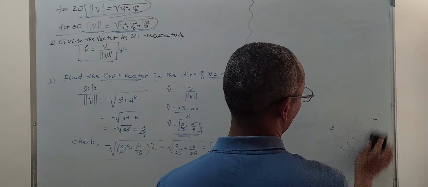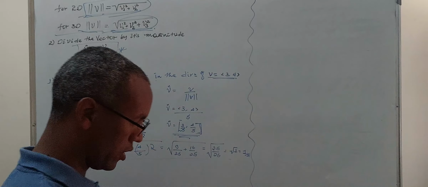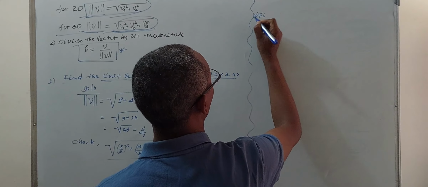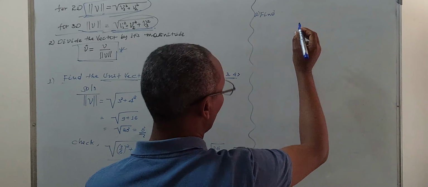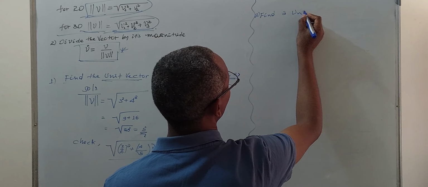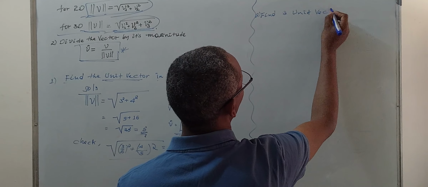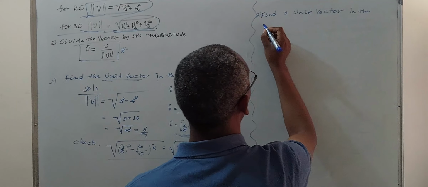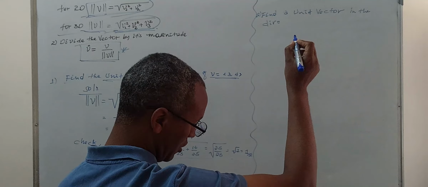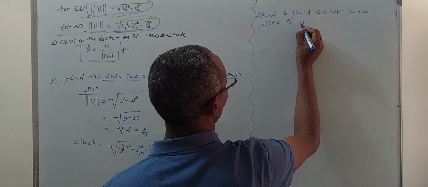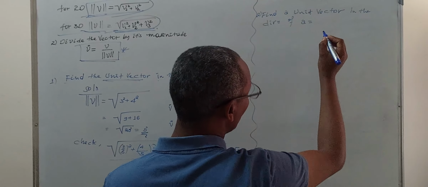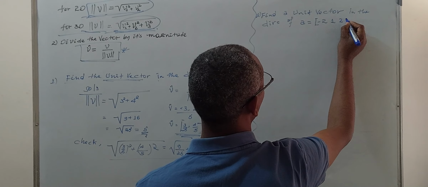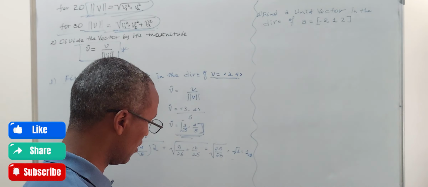The next example, the second example, says find a unit vector in the direction of, let's say, a vector A equal to (minus 2, 1, 2), right?